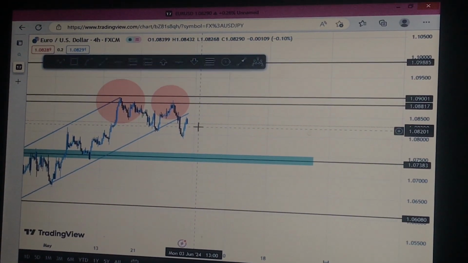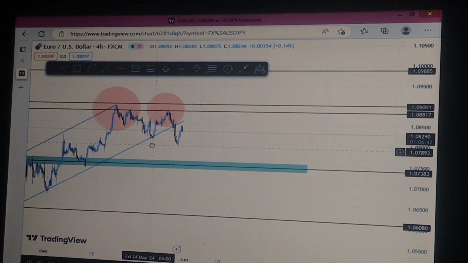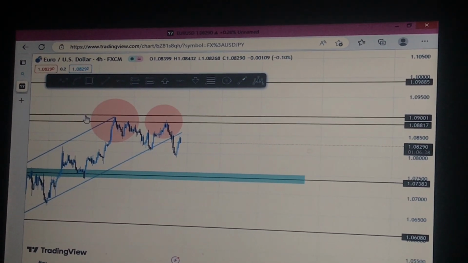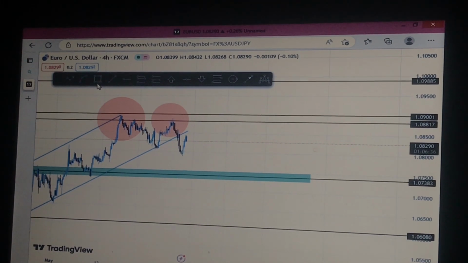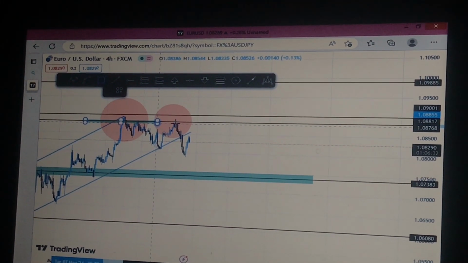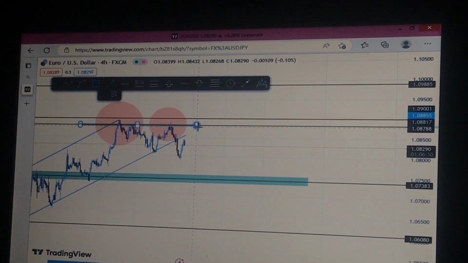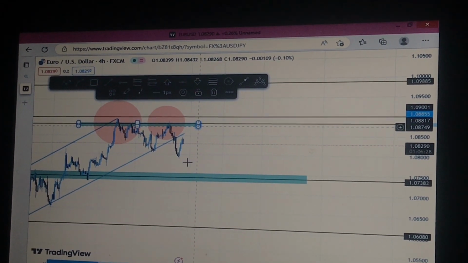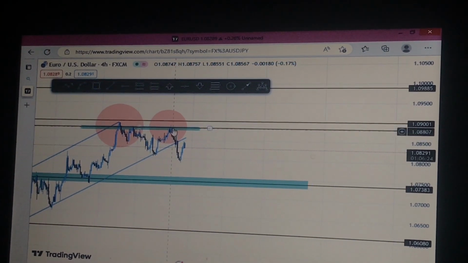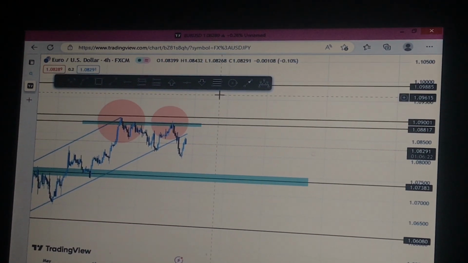As you can see, the market gave us a little bit of a resistance area. Is it resistance or support? I think it's resistance, and you know very well you can't buy on a resistance. So as soon as the market touches here, I entered my sells.